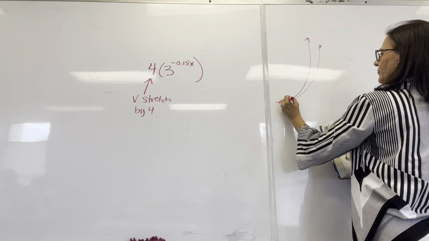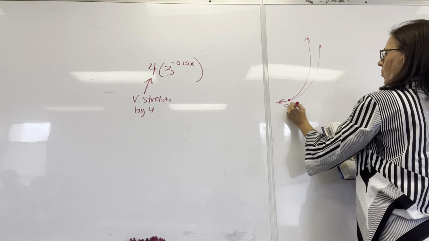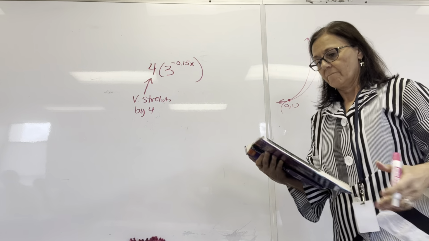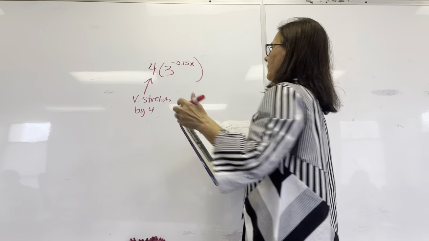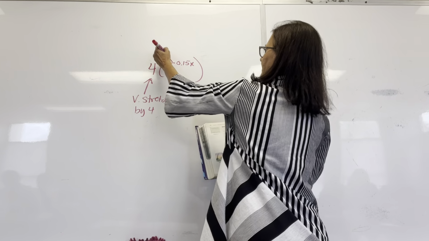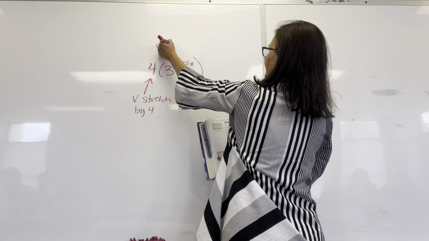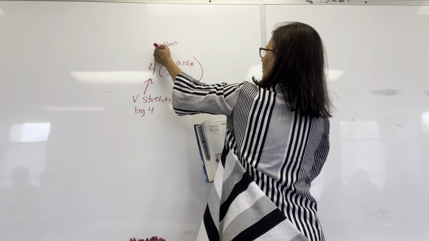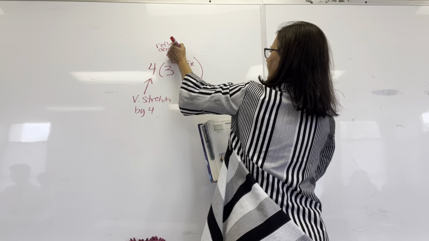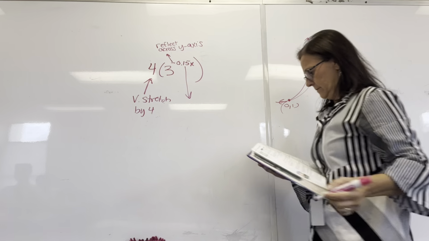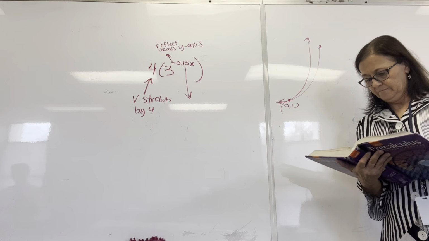It's still going to go through (0, 1), but it's pulling it closer to that y-axis, okay? What is this negative? That reflection. Yes, across the y-axis. And what is that? A horizontal stretch. Yes.